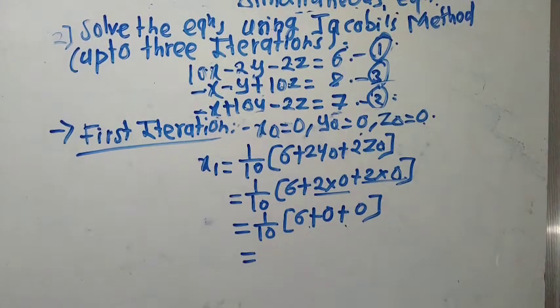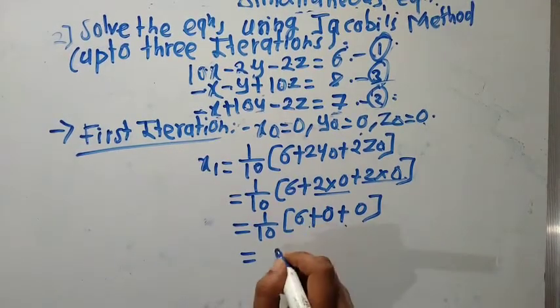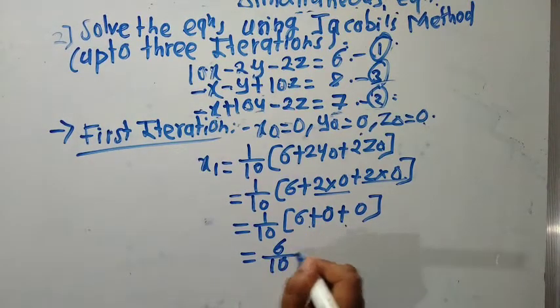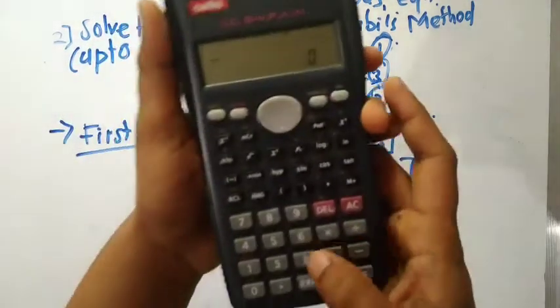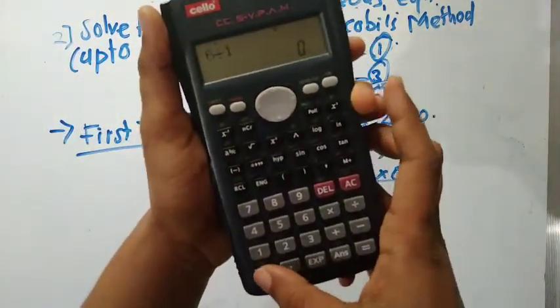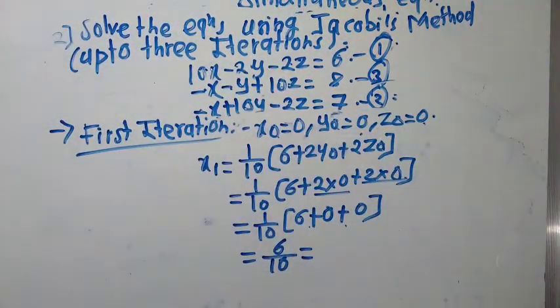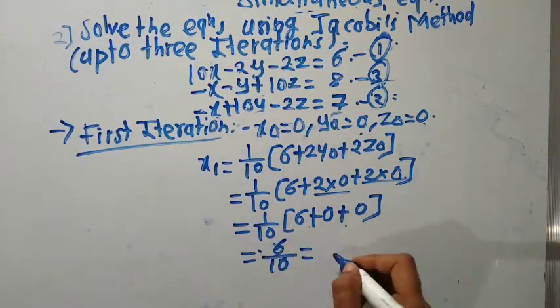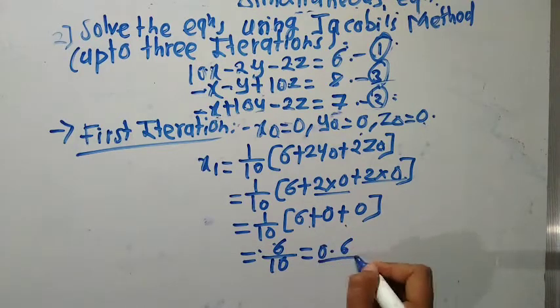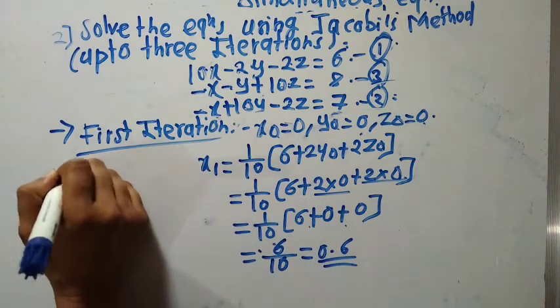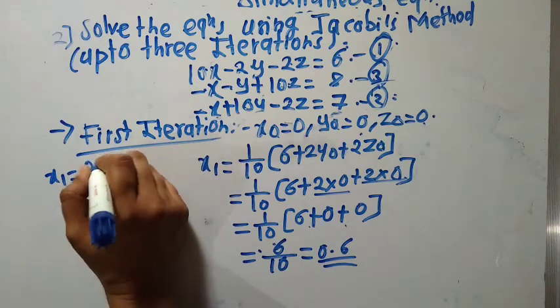So 6 plus 0 plus 0 is 6 divided by 10. And by using a calculator, 6 divided by 10 is equal to 0.6, hence x1 is equal to 0.6.